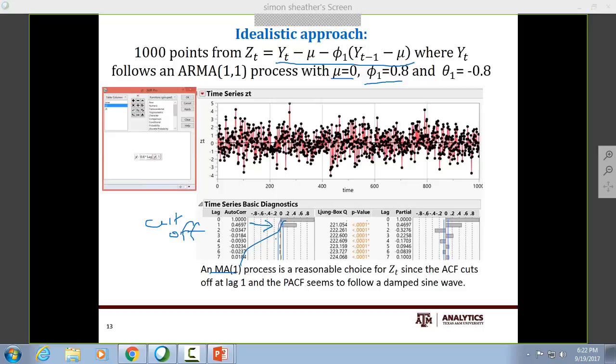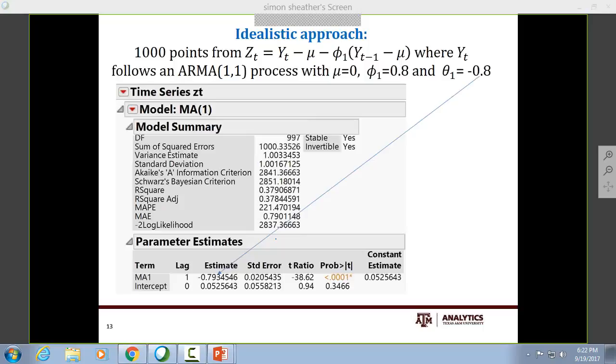Okay, but life is not so easy. We're going to look at unemployment data later on, and we won't know what the AR piece is. So, if we keep going with the idealistic approach and we fit an MA process to the Z's, guess what?